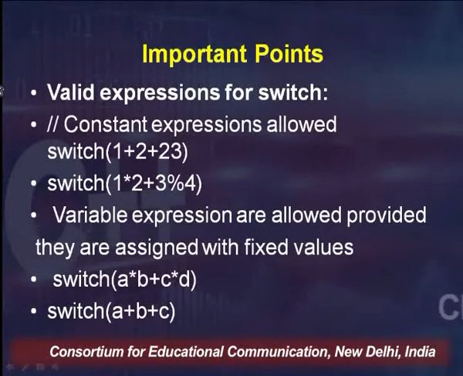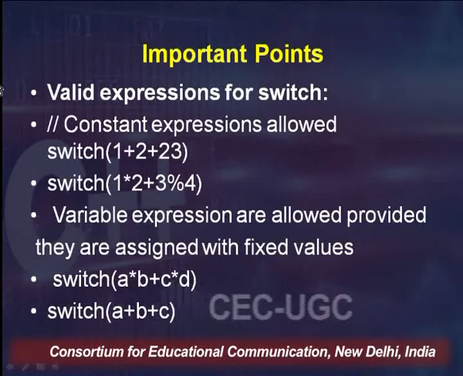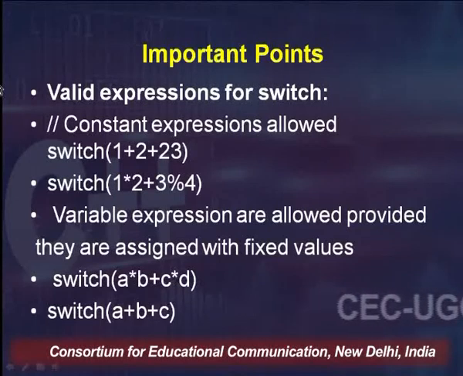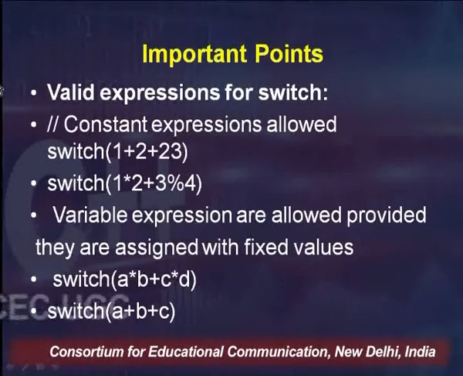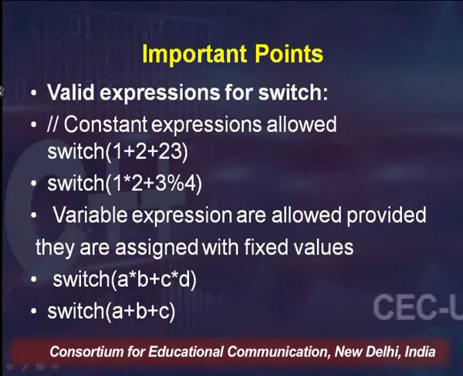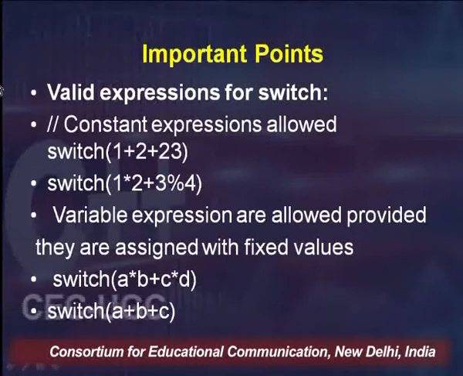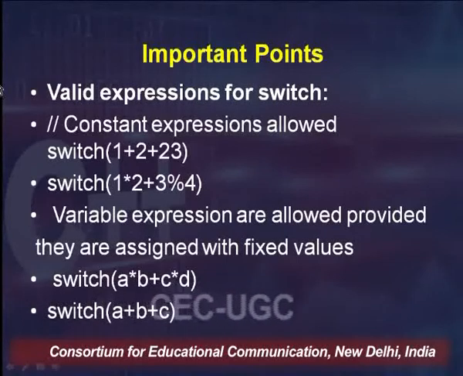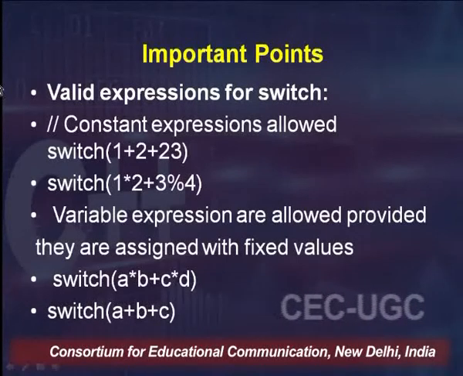That's a constant expression, or a bit more complicated constant expression, for example 1 multiplied by 2 plus 3 mod 4. These kinds of constant expressions are allowed because they give a particular value. But we need to be careful that the value should be of type either integer, a constant, or an enumerated type.